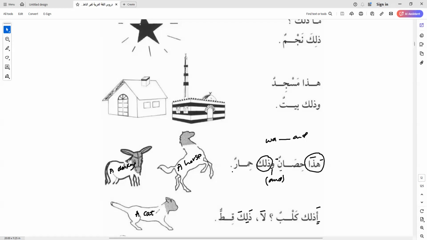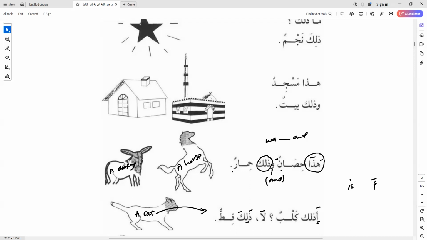So you can see it sounds similar to English. قط, cat. The q is there and the t is there. ذلك قط. Again, here we're learning how to use this interrogative structure.